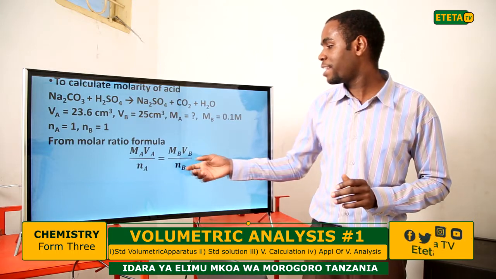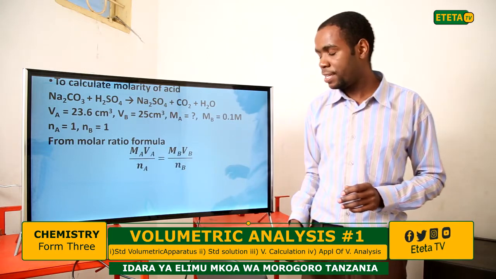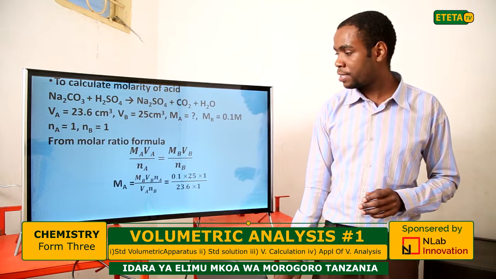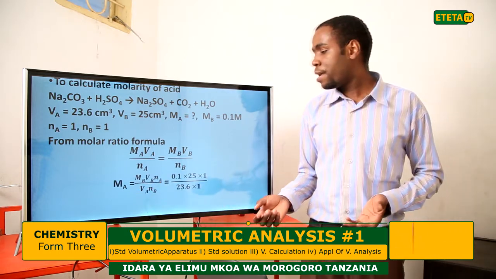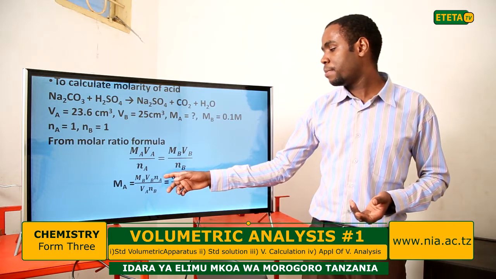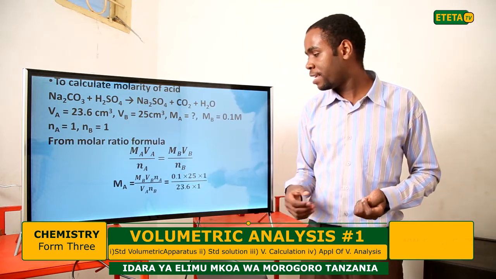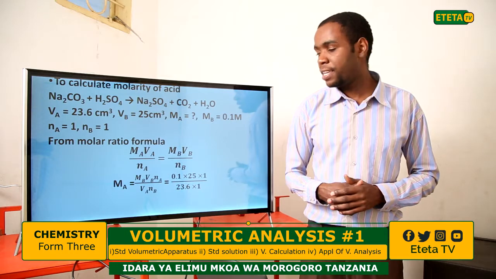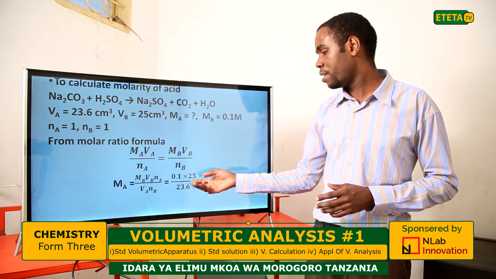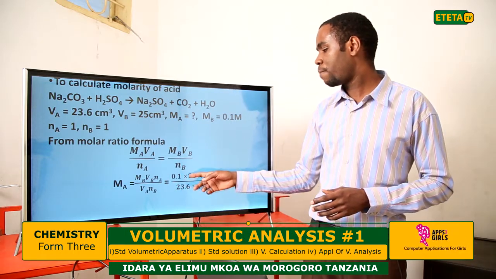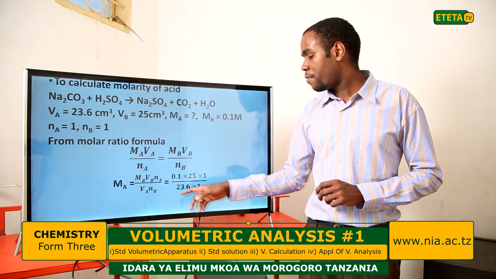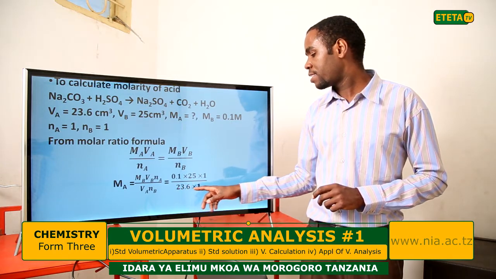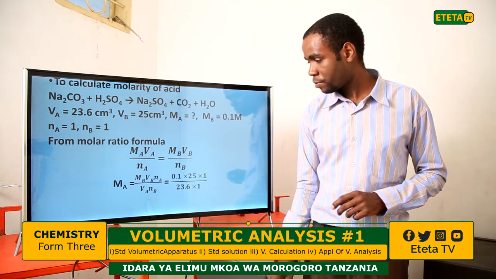What we are finding here is the molarity of acid. It's a matter of making it the subject. The molarity of acid will be equal to molarity of base times volume of base times number of moles of acid, divided by volume of acid times number of moles of base, which will be equal to 0.1 times 25 times 1, divided by 23.6 times 1.